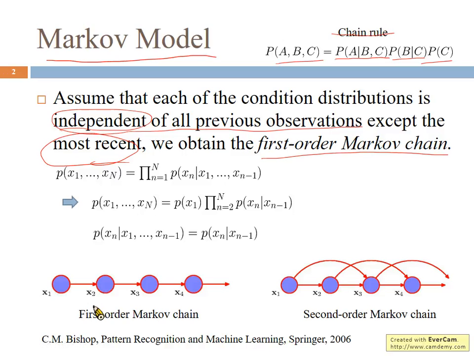Here is an illustration. The value of x2 only depends on the value of x1. The value of x3 only depends on the value of x2, and so on. And this is the so-called first order Markov chain. And for the second order Markov chain, the probability of x3 may depend on x2 and x1.